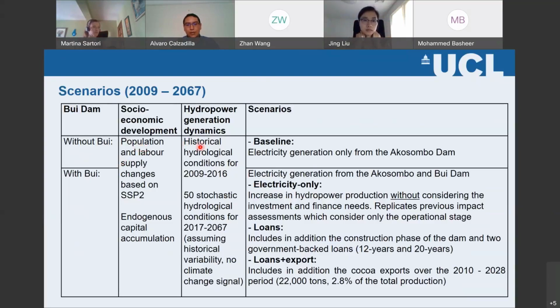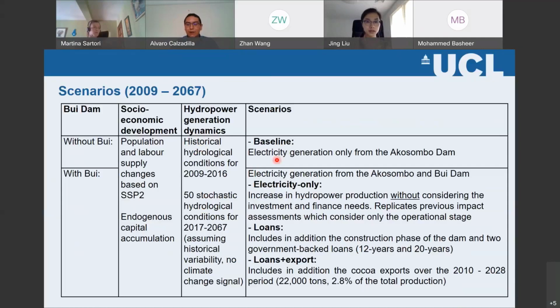Both include historical hydrological conditions for the period 2009-2016, because we do have the data, but we include 50 stochastic hydrological conditions for the period 2017 to 2067, so 50 years, assuming historical variability. So we don't consider any impact of climate change in these simulations.